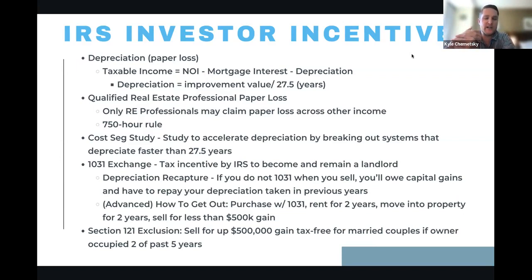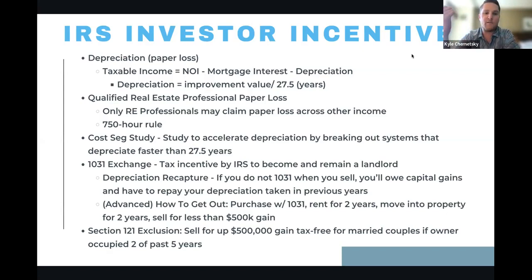So the IRS has created an equation to say that your depreciation is your improvement value, which is the value of your property minus the land value, divided by 27.5. So each year it depreciates by that one amount, and so you can take that as a loss on your taxes. Now, if you're not a qualified real estate professional, you can only write off that depreciation, that paper loss, against your income for that specific property.